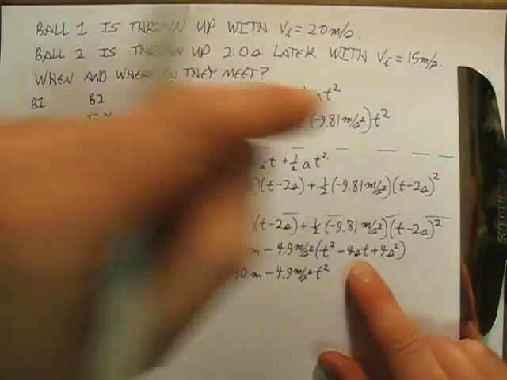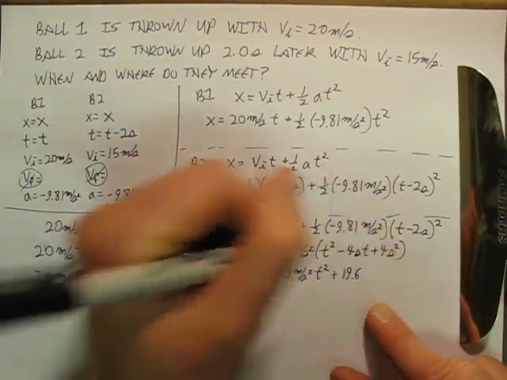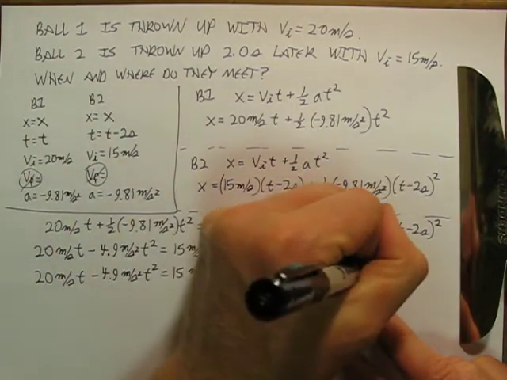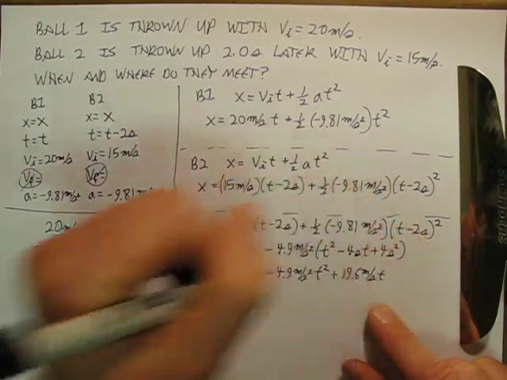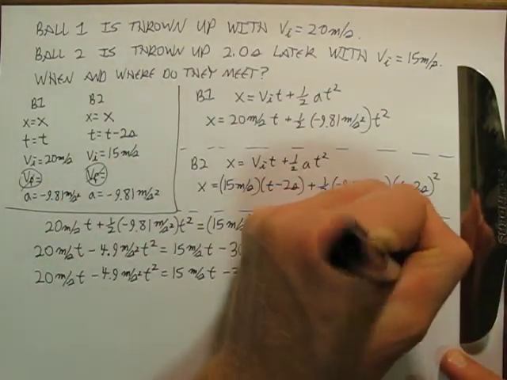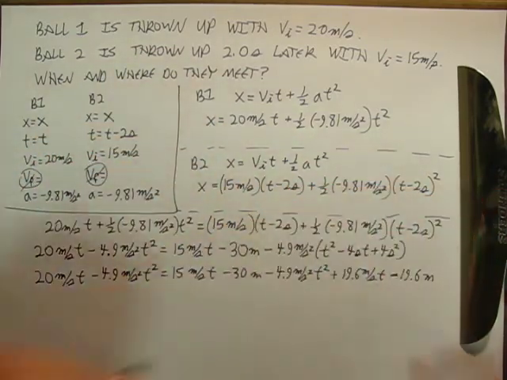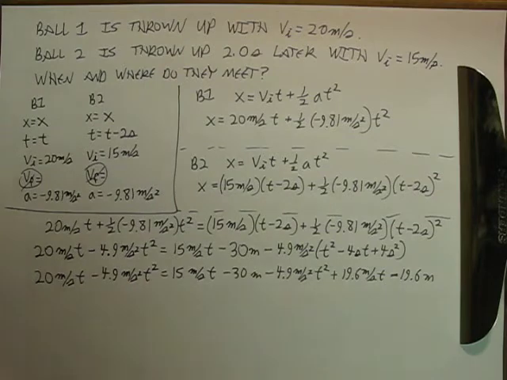This times that is going to give me plus 19.6 meters per second T, and then this times that is going to give me negative 19.6 meters.